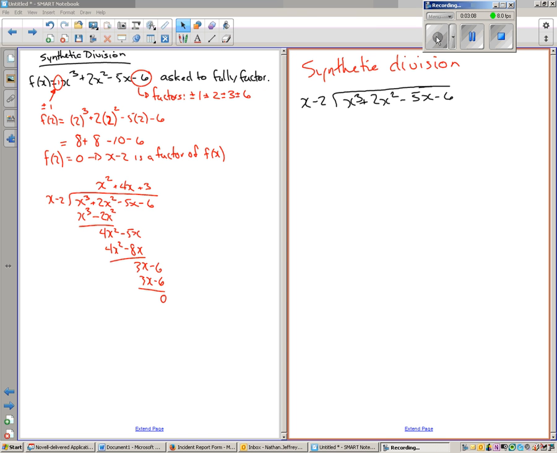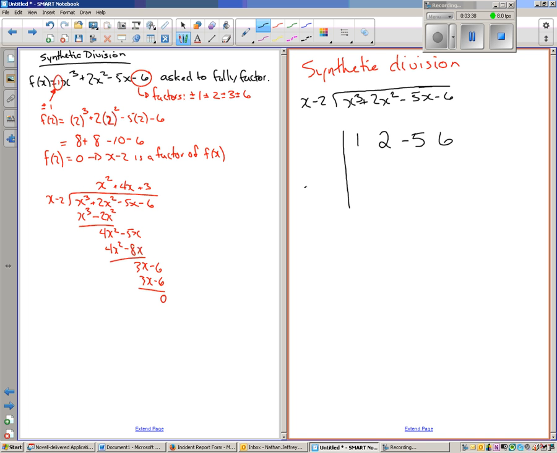Okay, now we'll go through this exact same example using synthetic division. Now we're going to set up our division statement. Once we get going on this, you don't have to write this above what we're going to be writing. This is just to show you where everything goes. What we do is we take our coefficients: 1, 2, -5, and -6, and we make a table.